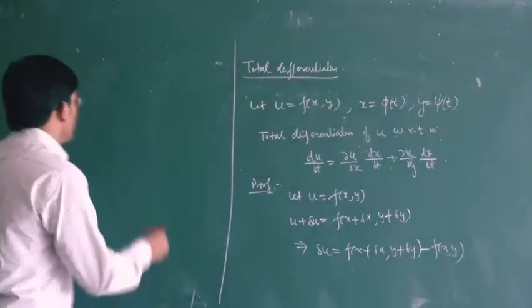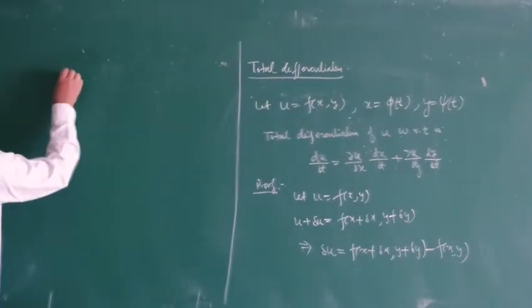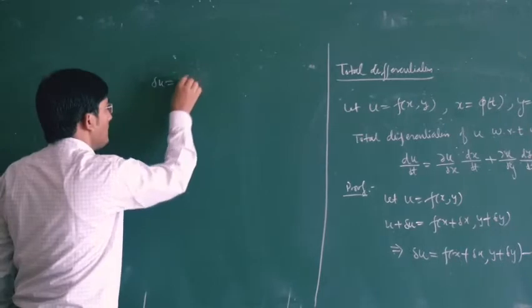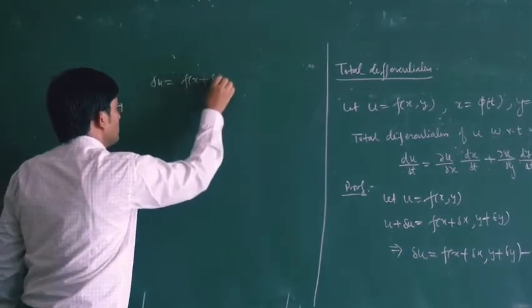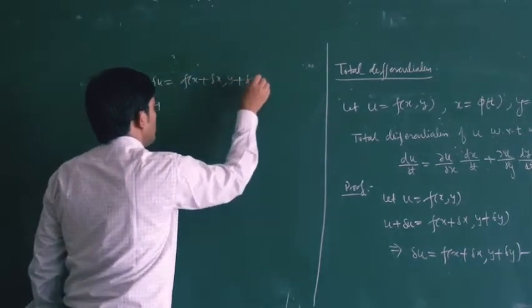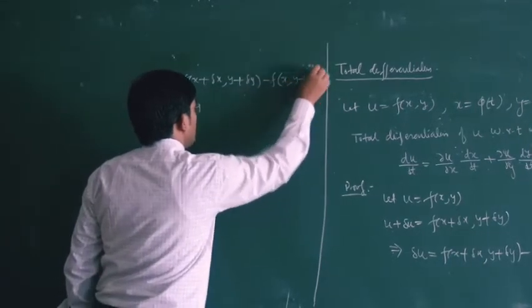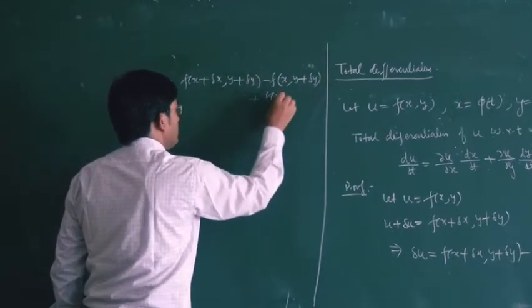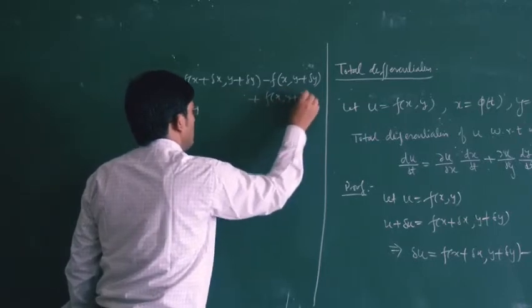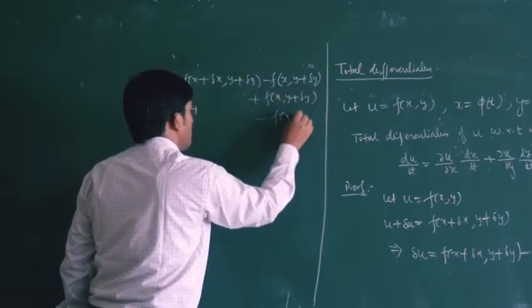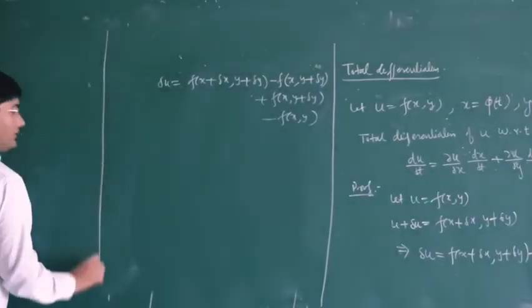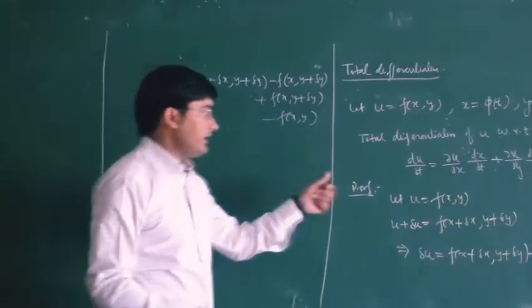We can also write this equation as delta u equal to f of x plus delta x comma y plus delta y minus f of x comma y plus delta y, plus f of x comma y plus delta y minus f of x comma y. Now let us divide this whole equation by delta t.